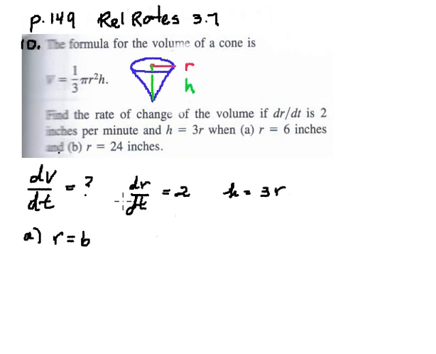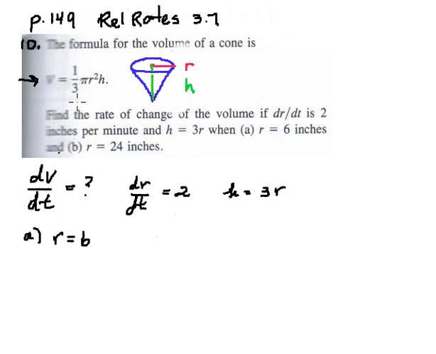Well, in order to use this information and find dV/dt, we're going to have to differentiate the formula for the volume with respect to t, like we always do in these related rate problems. All the variables are changing with respect to t, and we always differentiate with respect to time.